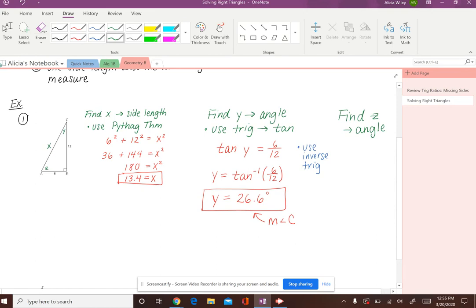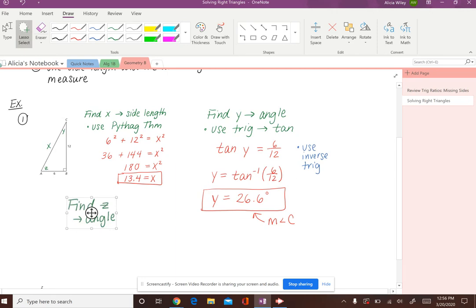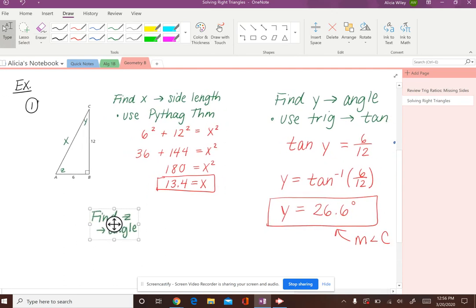And on this one, what you're going to do is use the idea, I'm going to move this so we can see it a little bit better over here, right? We're going to use what we know about the sum of the angles in a triangle.